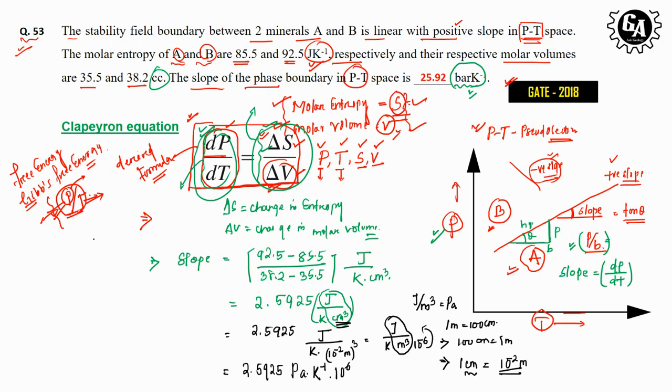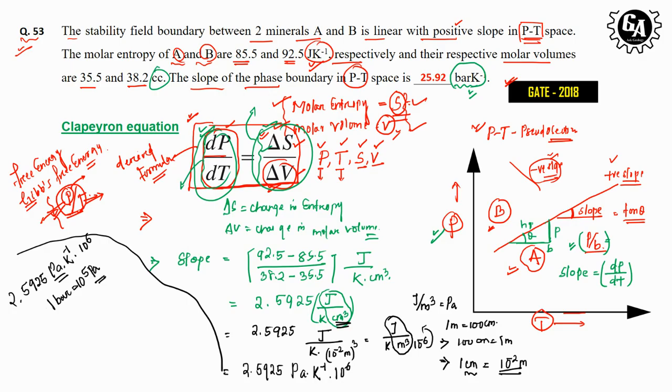Okay, so till now we have not come to the answer. So this is 2.5925. This is Pascal into Kelvin inverse. This is 10 to the power 6. Now this Pascal we have to calculate in bar. 1 bar, and all of you know that 1 bar is equal to 10 to the power 5 Pascal.